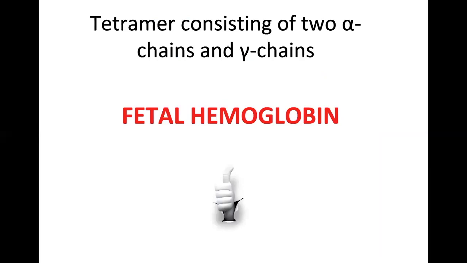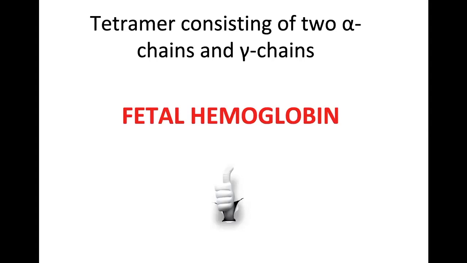Okay, now we mentioned earlier that adult hemoglobin has 2 alpha and 2 beta chains. Now, fetal hemoglobin is also a tetramer, so that means there's 4 chains, and it consists of 2 alpha and 2 gamma chains.